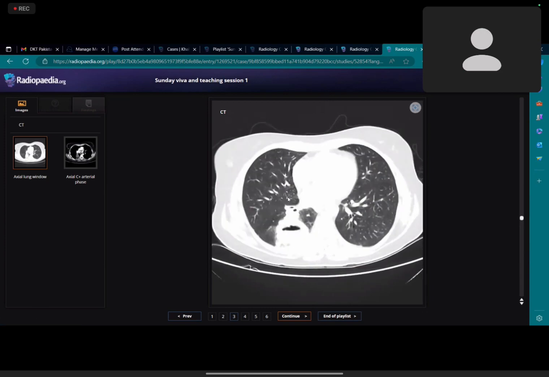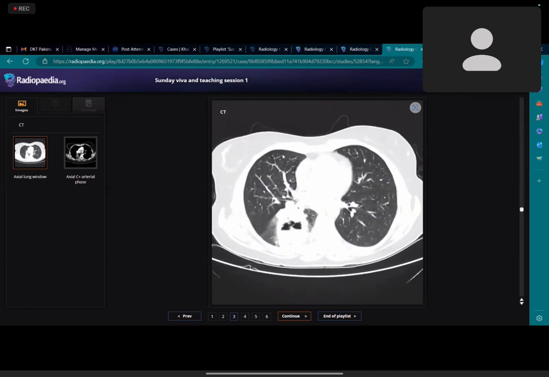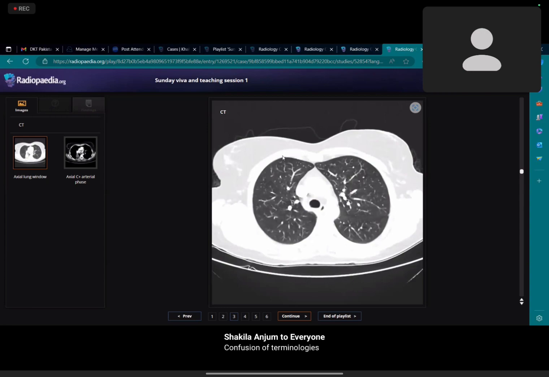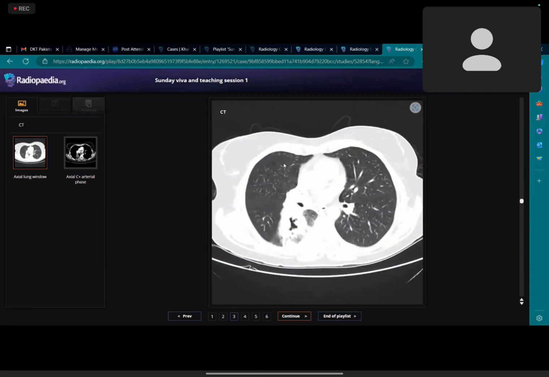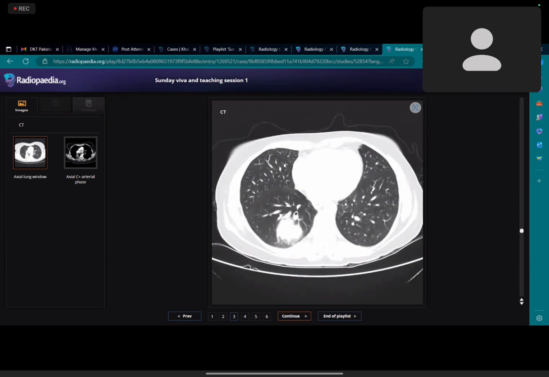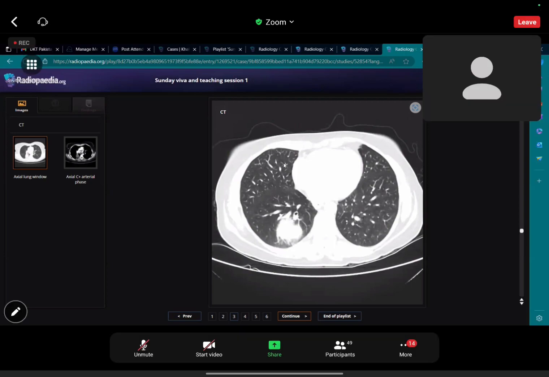My primary concern would be a sinister pathology like a primary cavitatory lung lesion. I am looking for any pulmonary nodule in the contralateral lung. I would be looking towards the mediastinal window to look for any underlying lymph node enlargement.